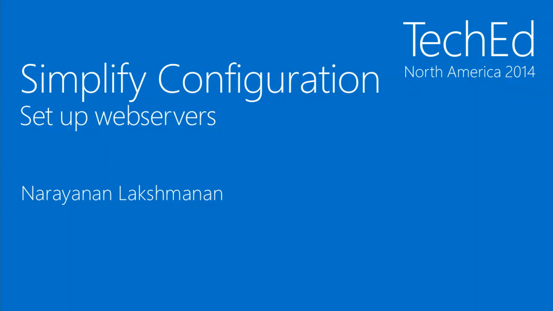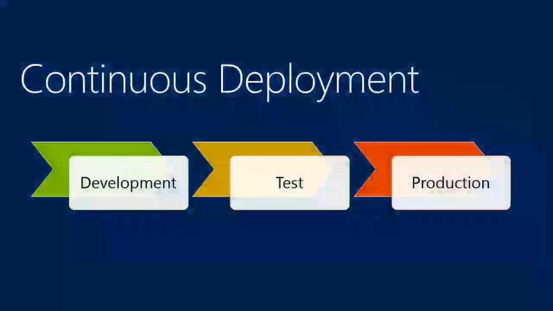So that was how you can simply express your intent and write a configuration document to deploy a website. And as Nana talked about before, we are going to take you through the continuous deployment or release pipeline cycles, and what he just did was the development phase.